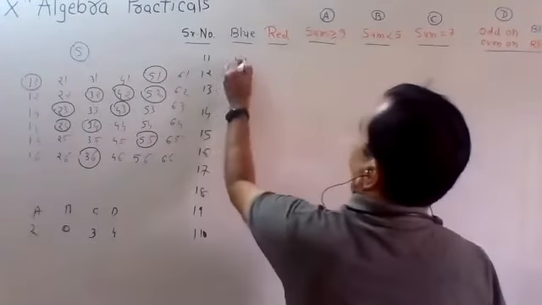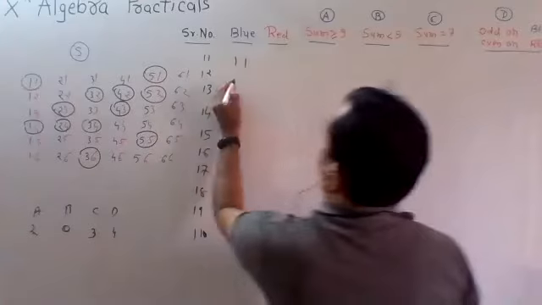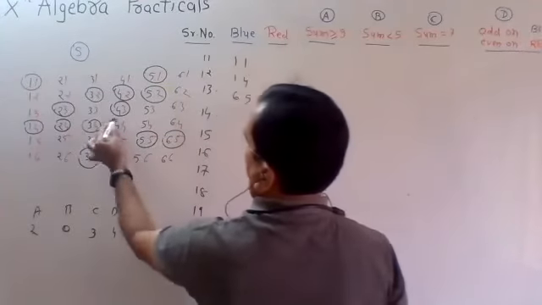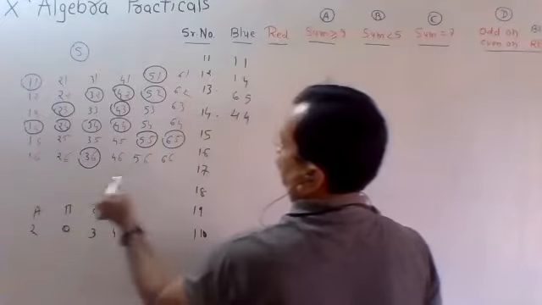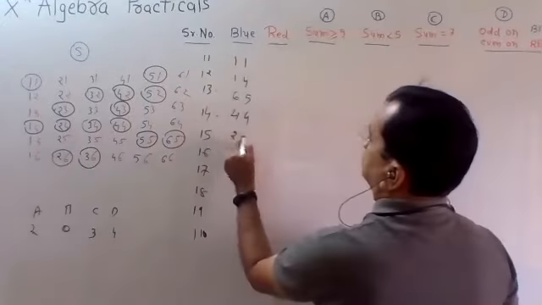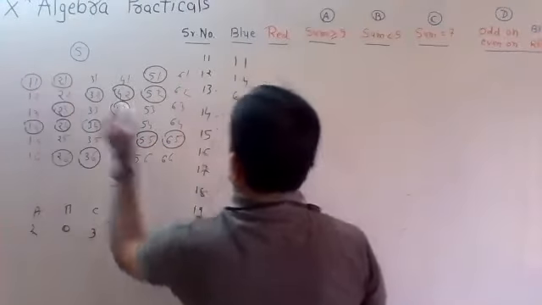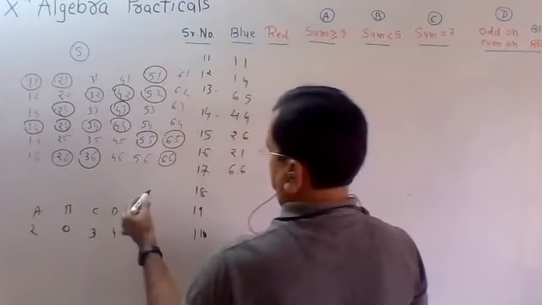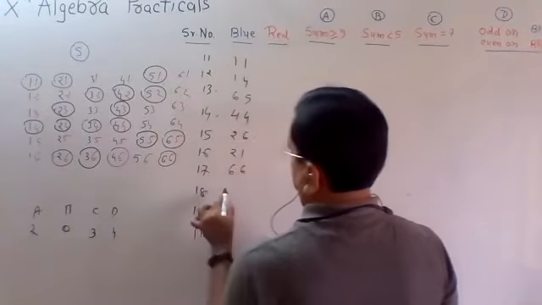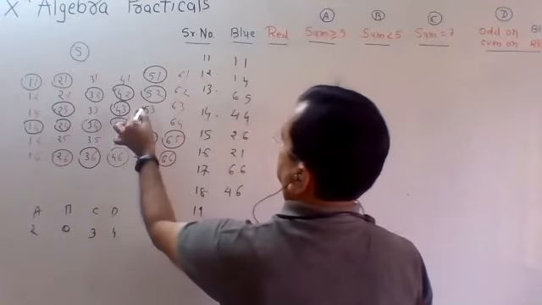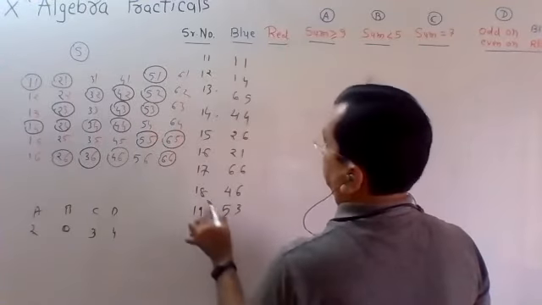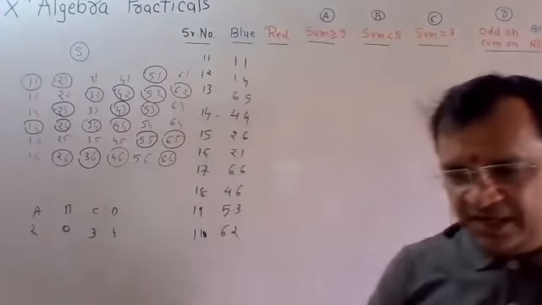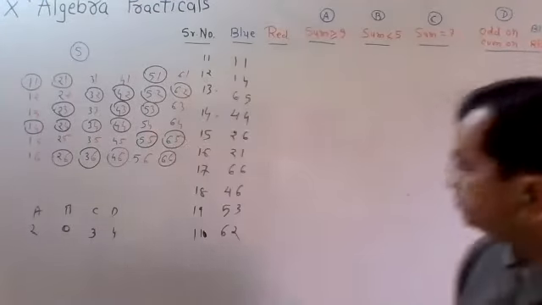This 1 and 1, 1 and 4, 6 and 5, 4, 4, 2, 6, 2, 1, 6, 6, 4, 6, 5 and 3, 6 and 2. Now we will give the answer.